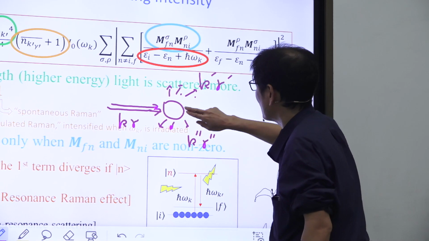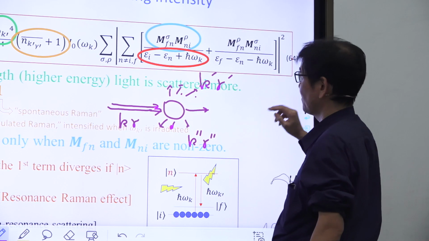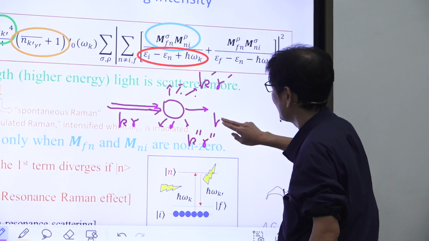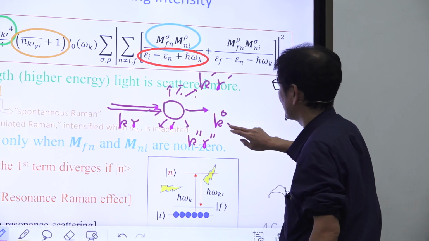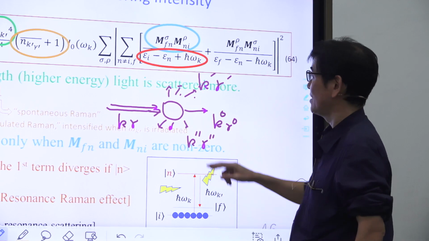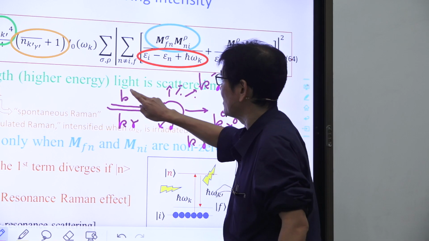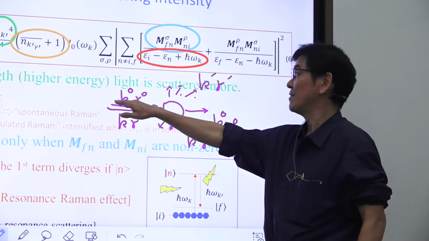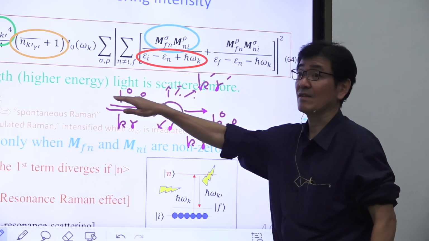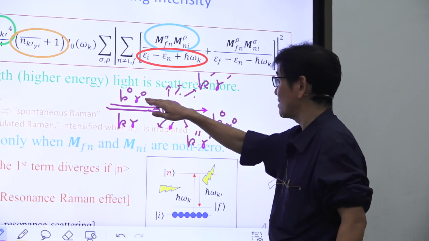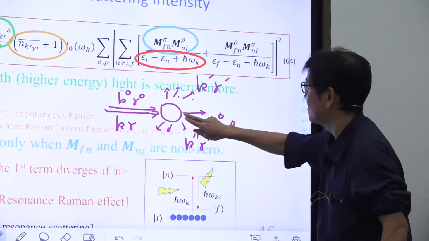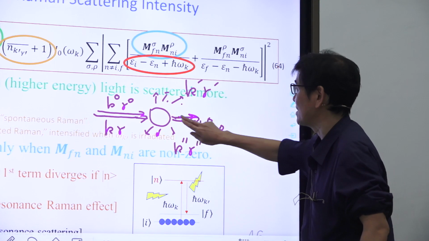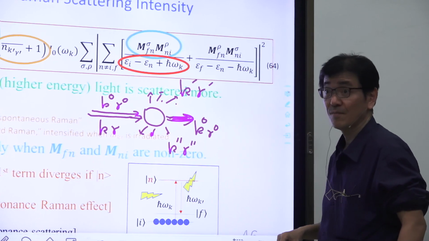And some component goes forward. So let's say K circle, gamma circle. By preparing K circle, gamma circle as an experimental setup, by introducing this light, this scattering becomes intensified.